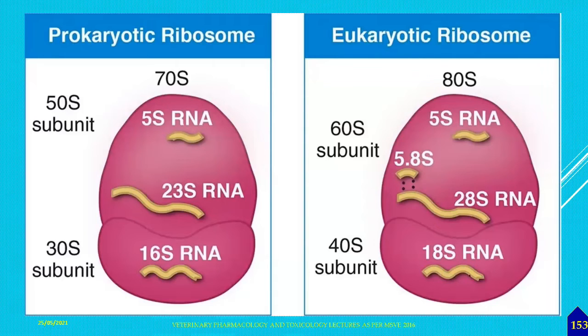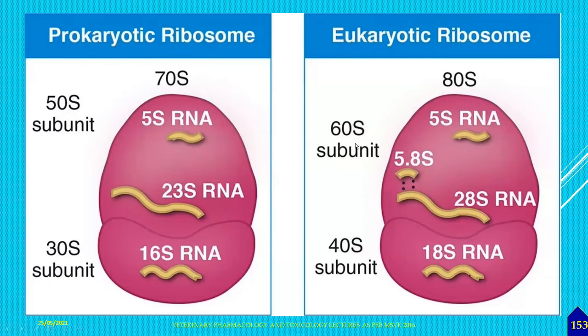You may be understanding now, there is a very clear difference between the eukaryotic cell and the prokaryotic cell. So many antimicrobial agents inhibit the bacteria at 50S or 30S, especially the aminoglycosides, whereas the tetracyclines and other drugs are going to inhibit the 50S ribosomes.